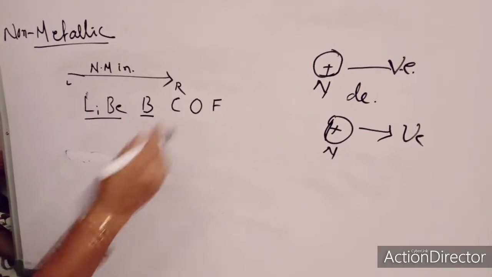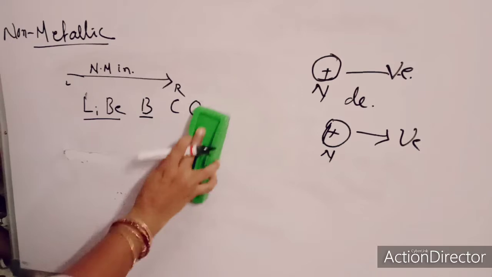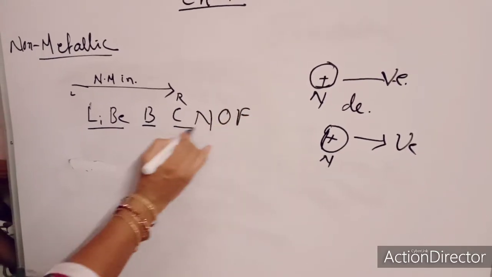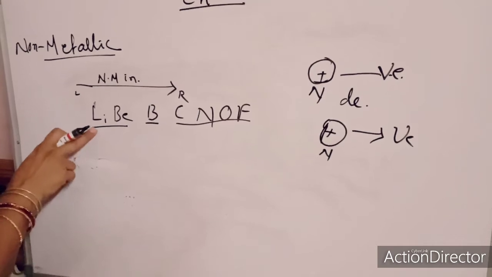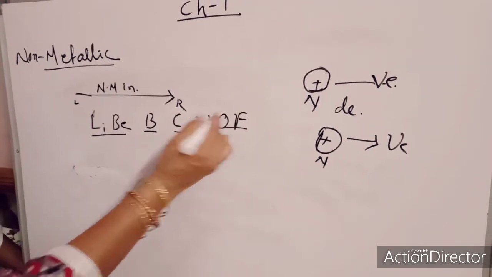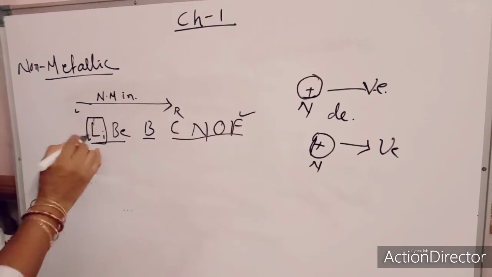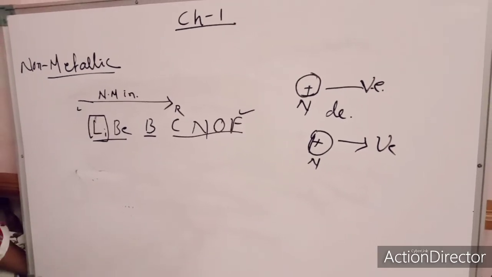These are the non-metals. That means non-metallic character increases. Fluorine has the highest non-metallic character, and lithium, having the metallic property, has the least non-metallic character.